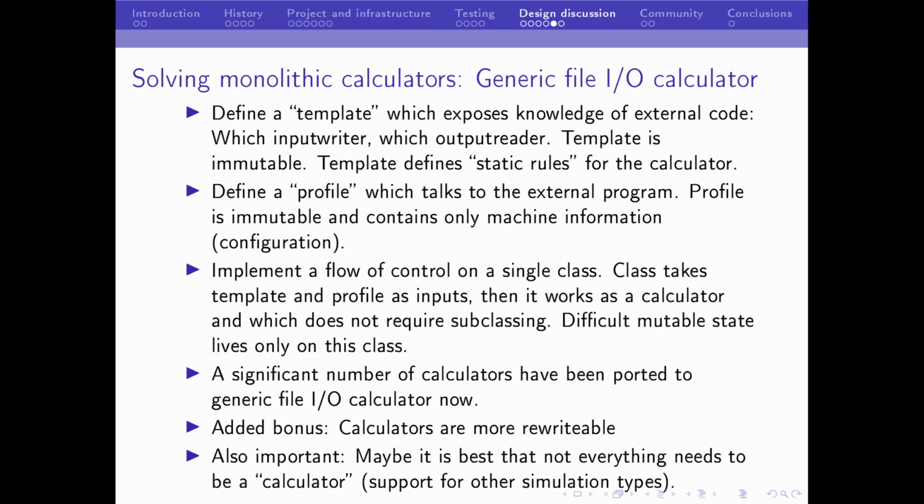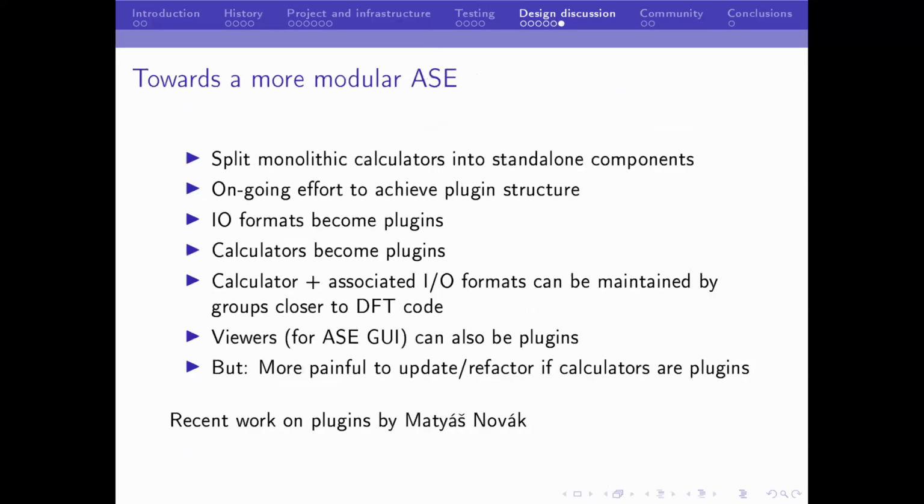And so we only have one implementation of what it means to be a calculator, and then it talks to some implementation classes that are more minimal in scope. One of them contains system information, we call it a profile, and another contains all of the rules, like which output reader and input writer, and this we call a template. A little bit arbitrary names, but that actually allows us to eliminate many of these problems, and then maybe build something new on top. So it provides a lot of flexibility.